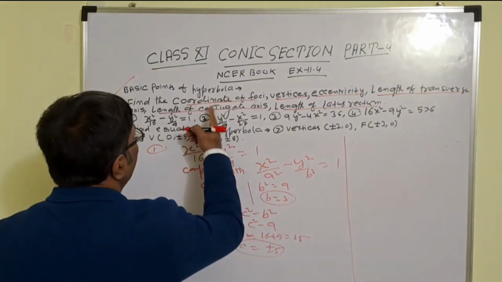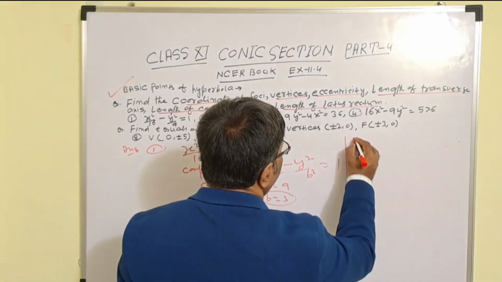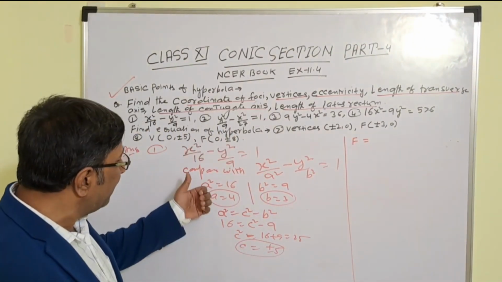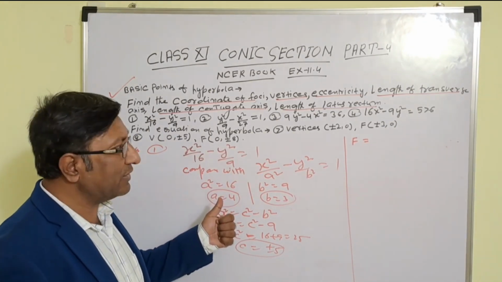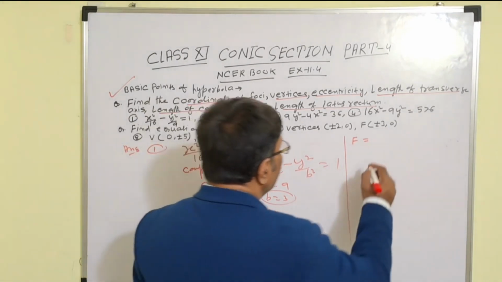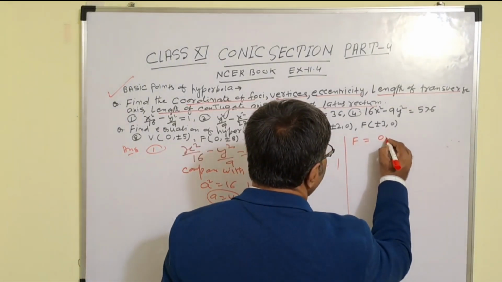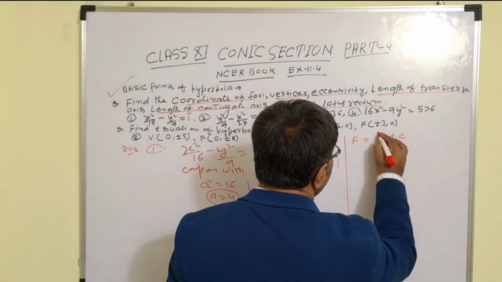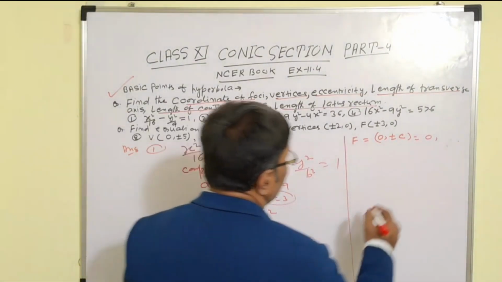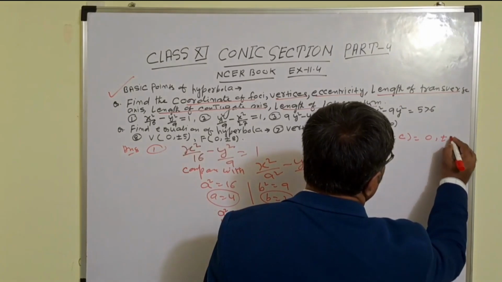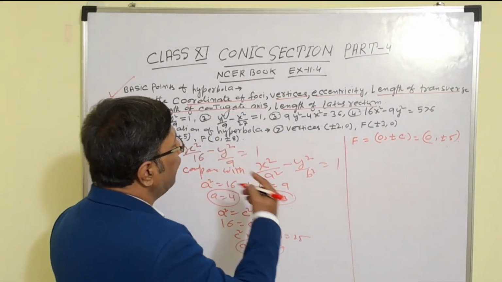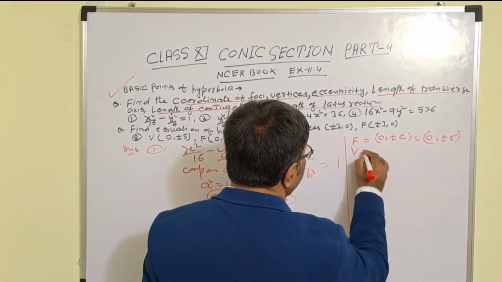So we have to find the coordinates of foci. When our hyperbola is on the x-axis, the foci are on the x-axis, so the y coordinate will be 0. So the foci will be plus minus c, 0. Here c is plus minus 5, so the answer is plus minus 5, 0. This is the correct answer. Now we have to find the coordinates of vertices.